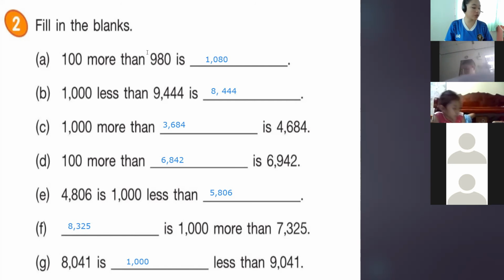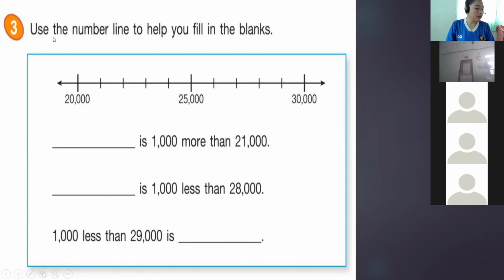Okay. On page 22, exercise 3. Use the number line to help you fill in the blocks. Okay, so you're going to use this one as your guide. So the statement for the first one is blank is 1,000 more than 21,000.